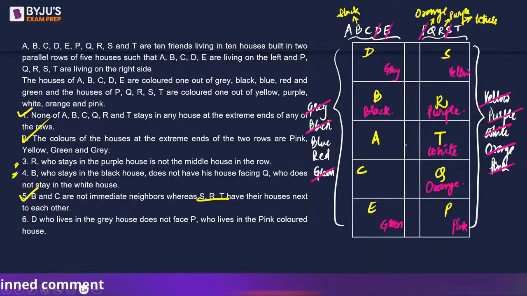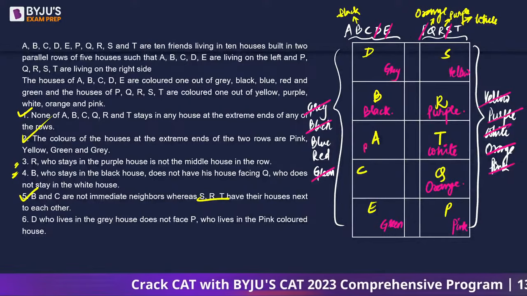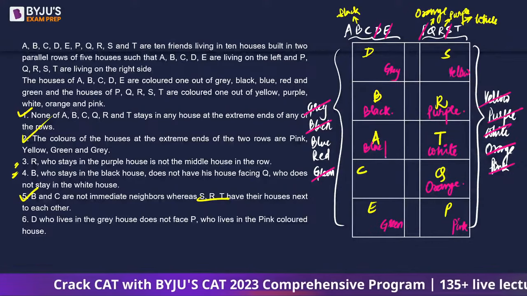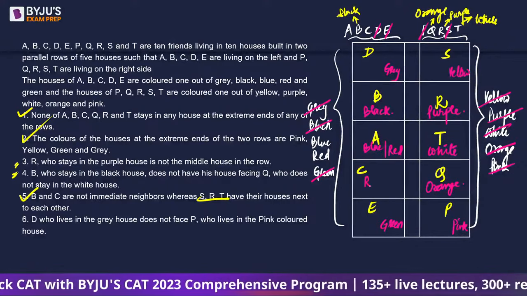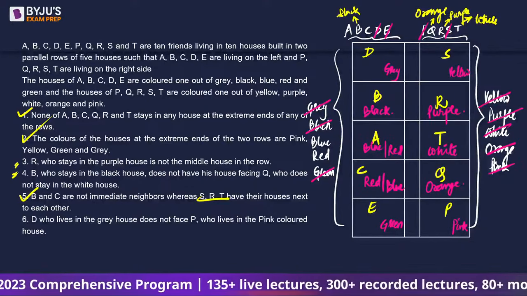Do we have any blue and red here? No. So between A and C, one of them is going to be blue and another is going to be red. So these are the two scenarios.